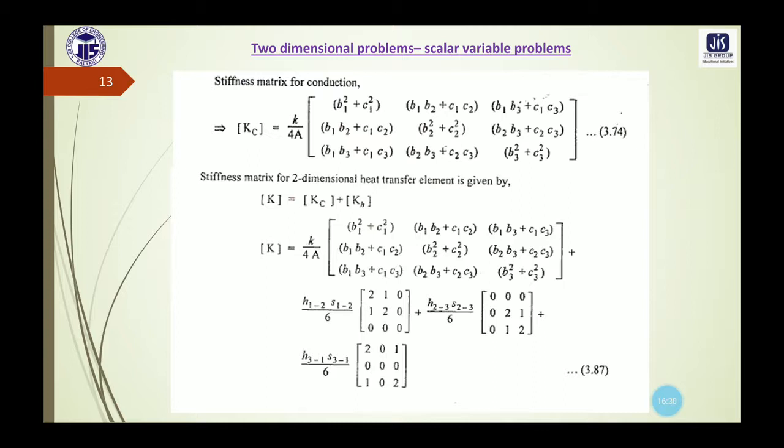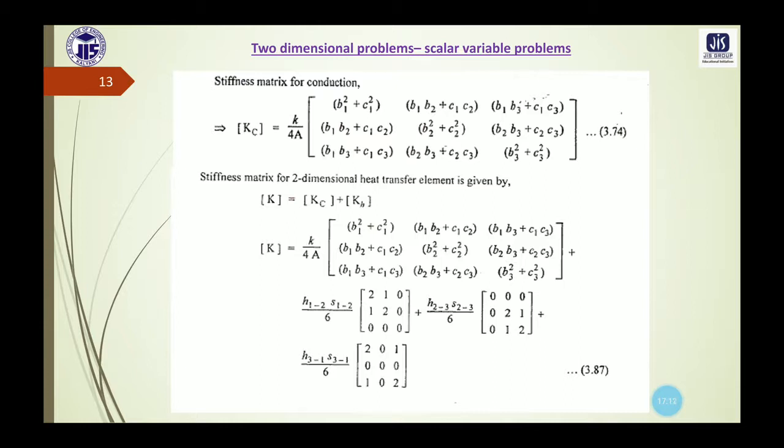Next we need to find the stiffness matrix for convection, and finally we add the stiffness matrices of conduction and convection to get the final stiffness matrix for this two-dimensional heat transfer. So the total stiffness matrix is the summation of the stiffness matrix for conduction plus the stiffness matrix for convection. The conduction stiffness matrix we have seen in equation 3.74.